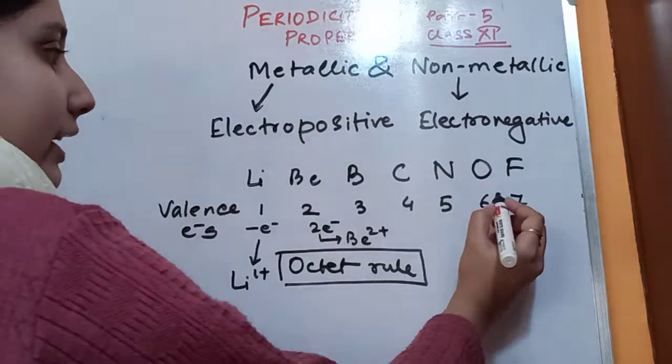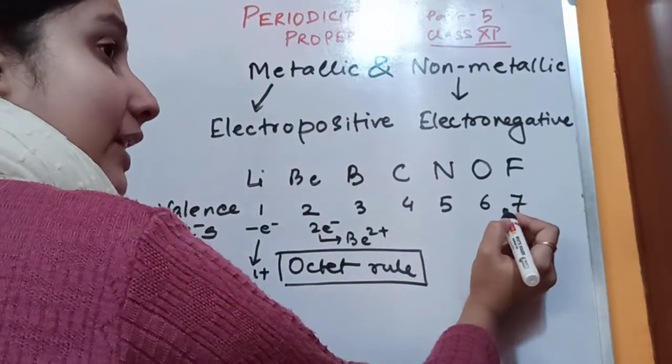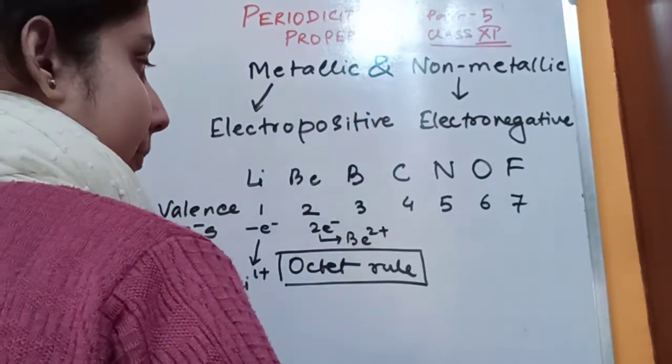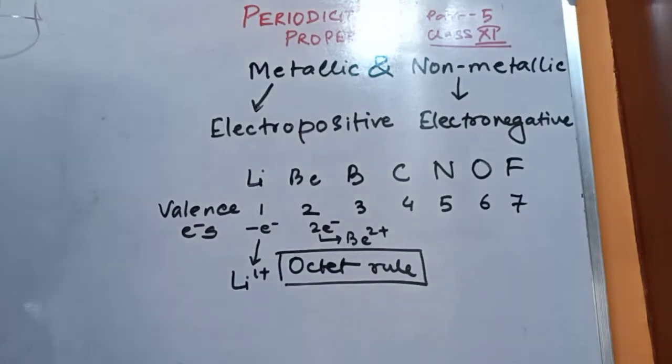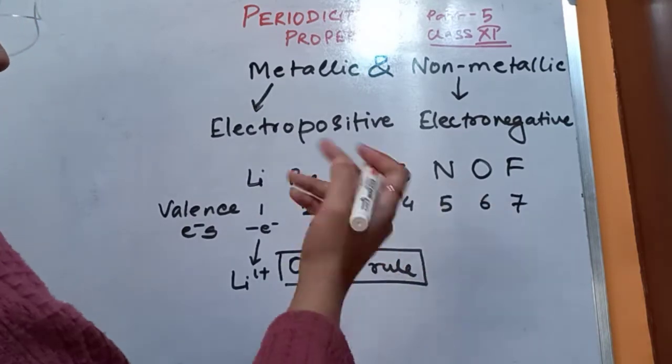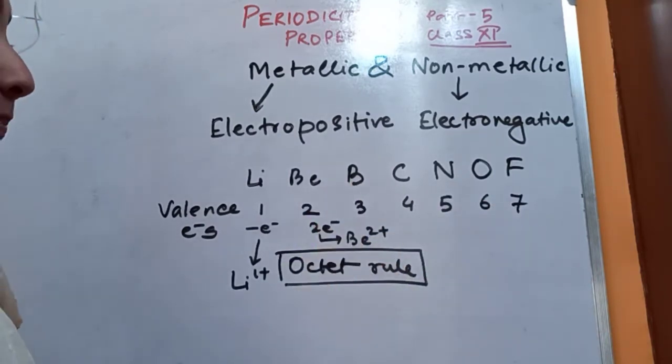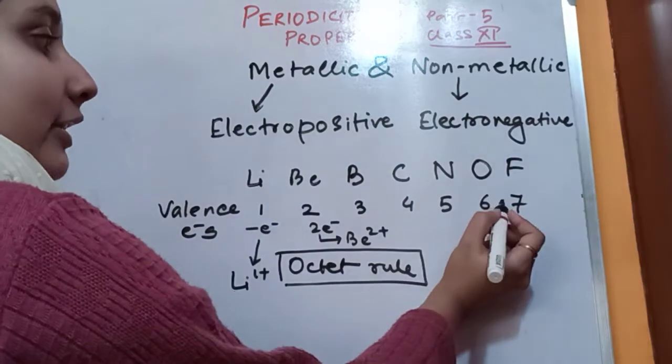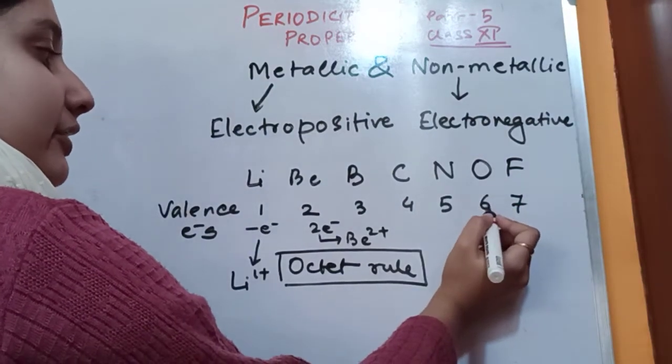But just look at oxygen. Oxygen has 6 outermost electrons. So, will it be easier for oxygen to lose these 6 electrons or to gain 2 electrons to attain the octet rule? Oxygen won't lose these 6 electrons.